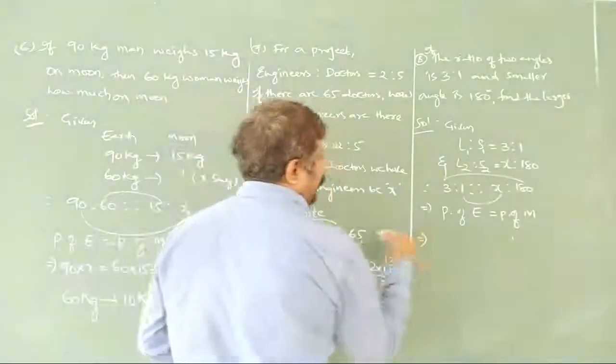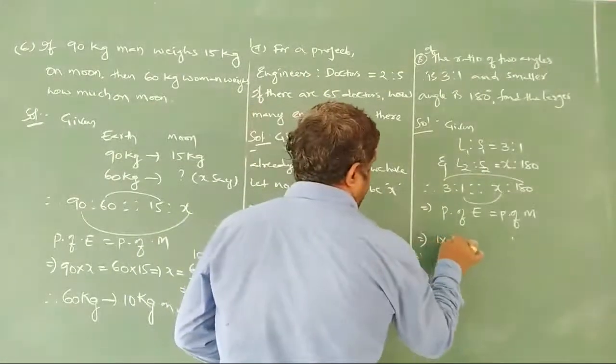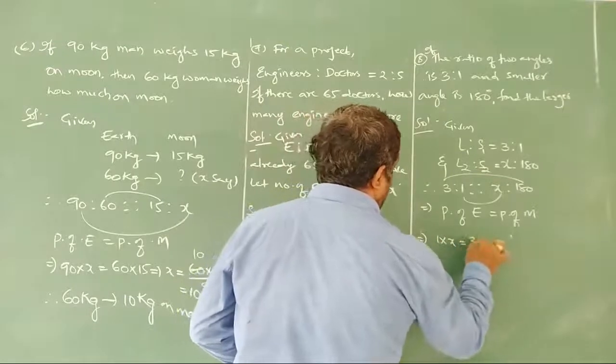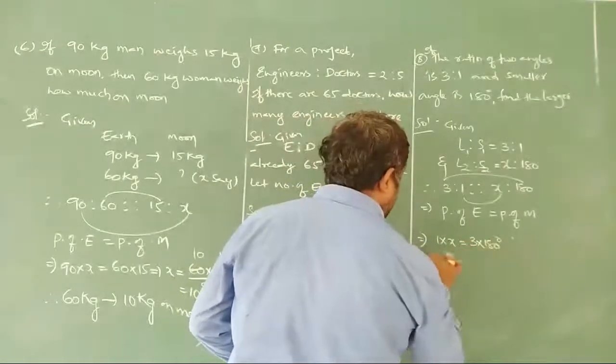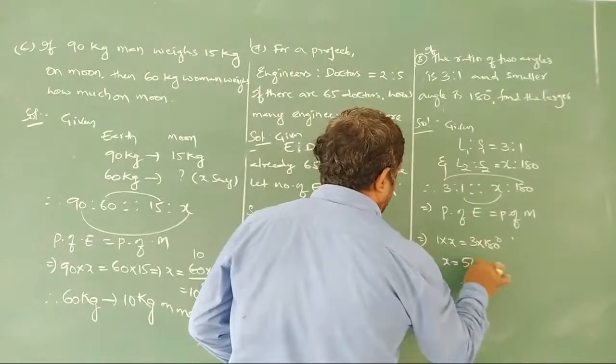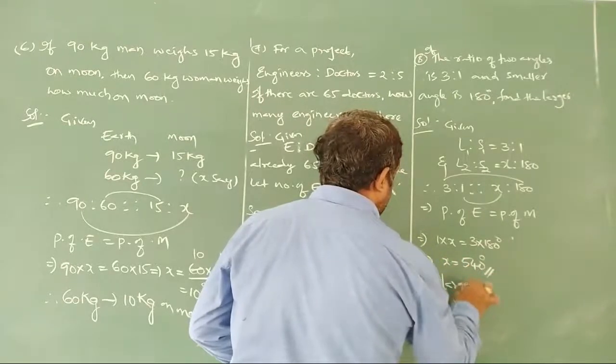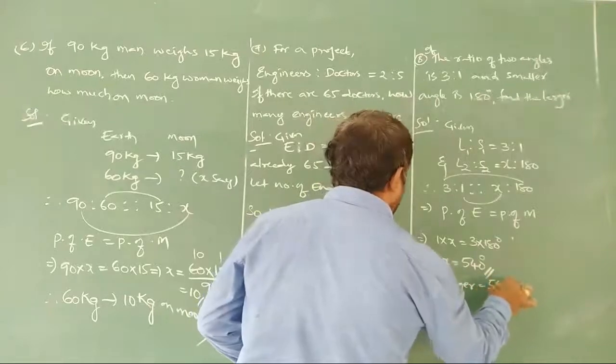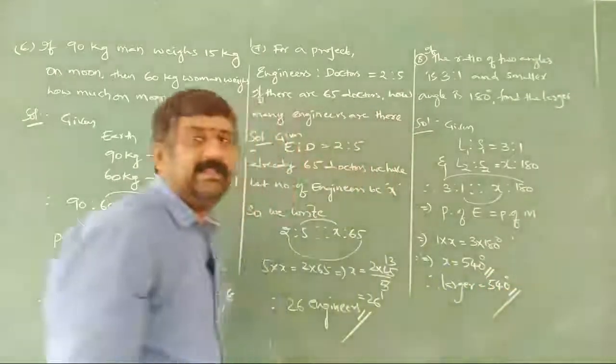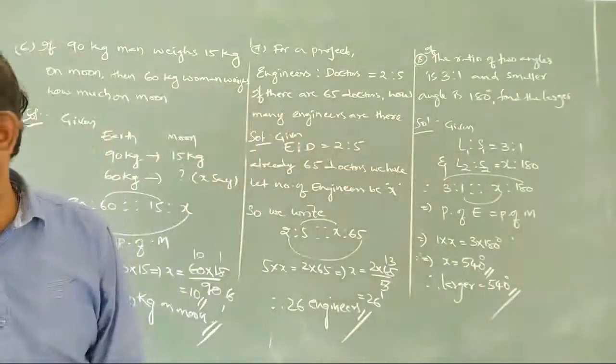So 1 into x is nothing but 3 into 180, or x is nothing but 540. So what is the larger here? 540 degrees is the larger value we have.